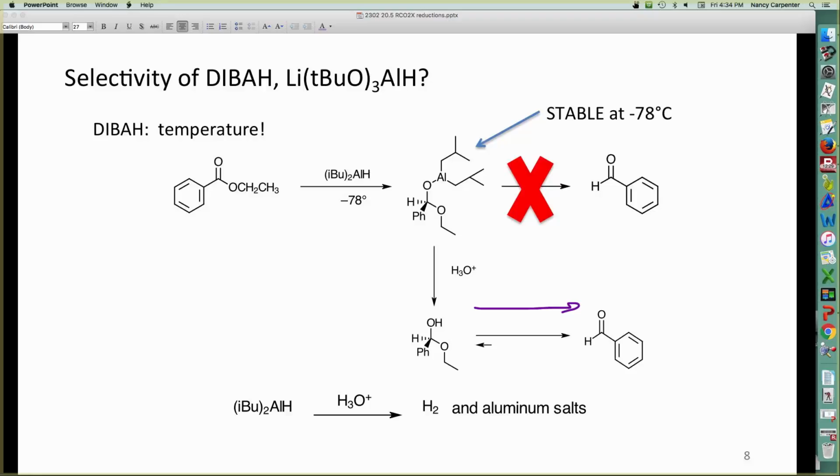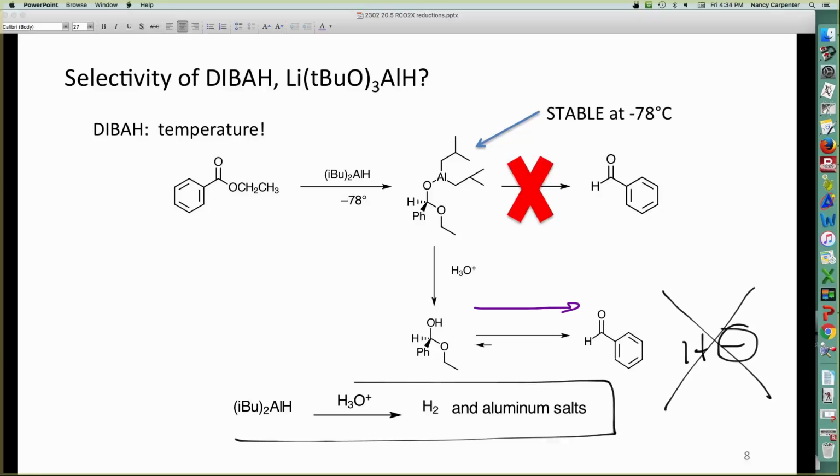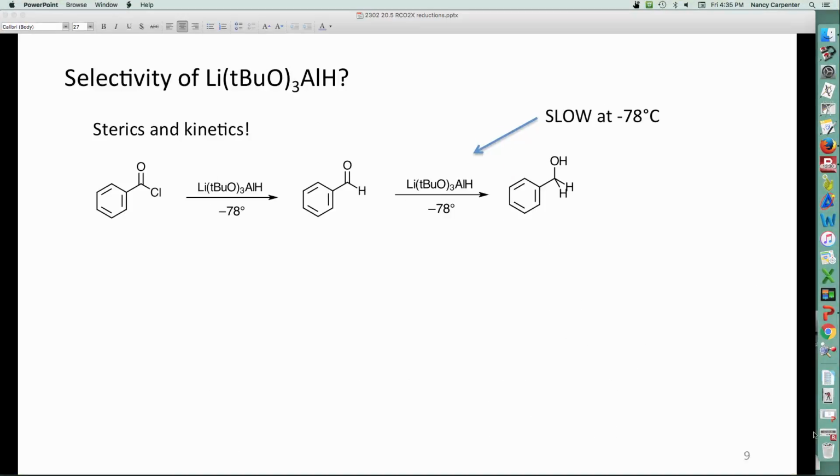So there's no H minus left. It's been quenched as shown right here, and the whole success story is because you've made this intermediate that is stable at minus 78 and doesn't break down to give you the aldehyde. So that's one reagent. The other reagent is this lithium tri-tert-butoxide aluminum hydride.